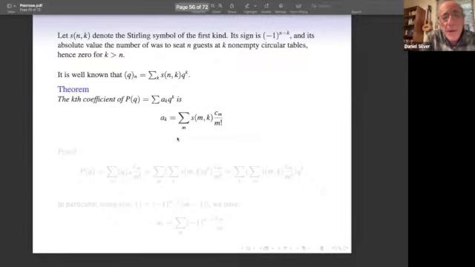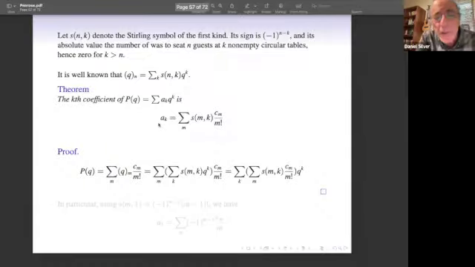So we get a theorem. The kth coefficient of the chromatic polynomial, written as a polynomial in powers of q, is given as a summation of the Stirling symbols SMK times Cm over M factorial, or times Em if you wish. It doesn't matter. This is the formula for AK. Let's see how the proof goes. It's pretty nice.